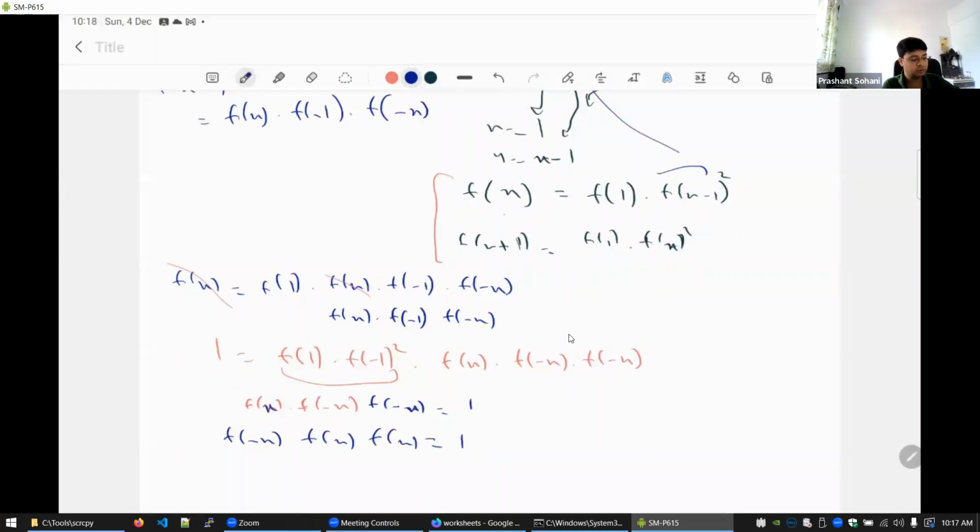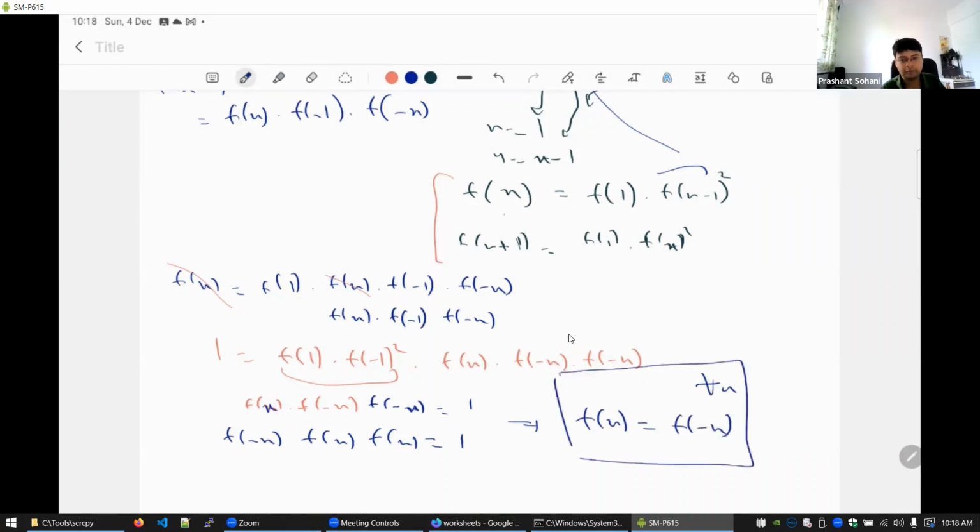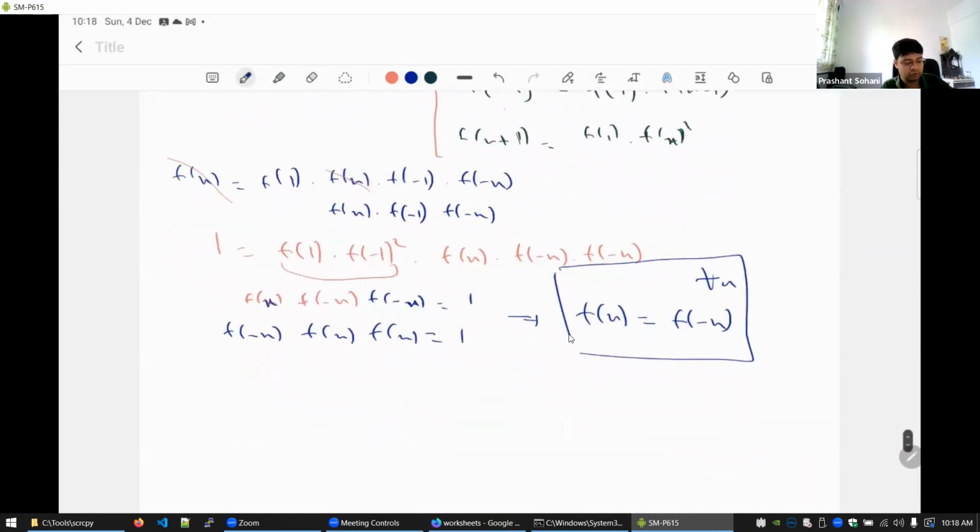Equating these two, and again we are able to cancel terms which are non-zero, do we see f(x) is equal to f(minus x)? This is actually a very important step because what we are showing is that f is an even function. It is called an even function because in a way it is symmetric around the y-axis if you draw the graph.